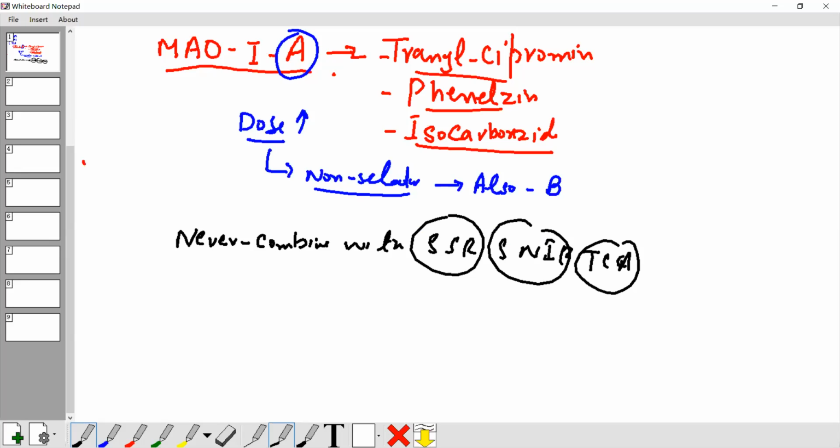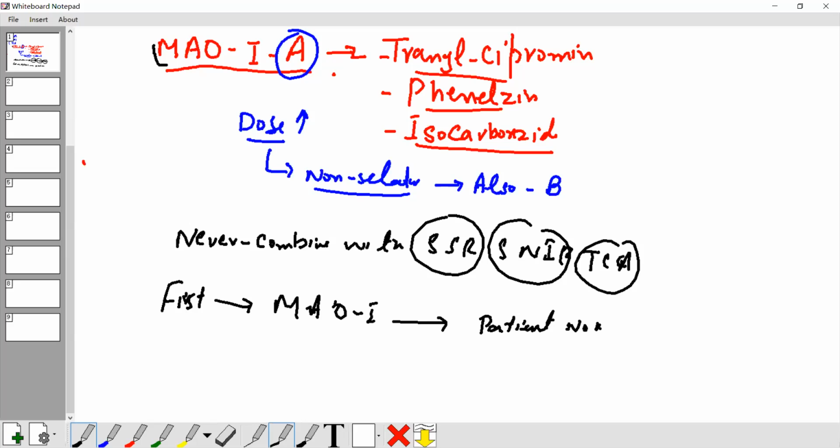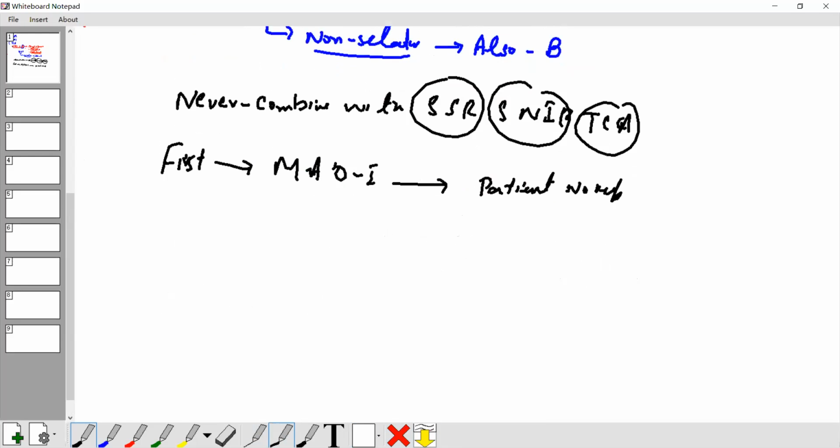So if you first want to use a monoamine oxidase inhibitor and start first therapy, and the patient is still not feeling well, has no response, then you want to shift the patient to another drug, like SSRI or SNRI.